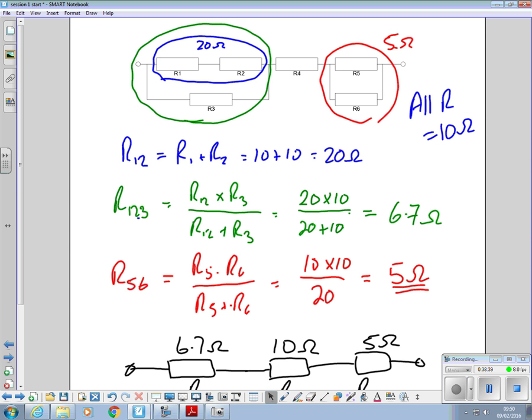What we're saying is, what resistor can we put in place of those two, R1 and R2, and still have the same circuit? And then we can take those two resistors out now and just put one 6.7 ohm in, and we'd still have the same circuit. That's what you're doing effectively, using that step-by-step maths.